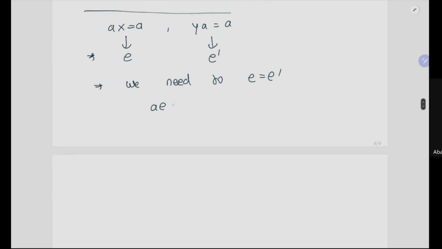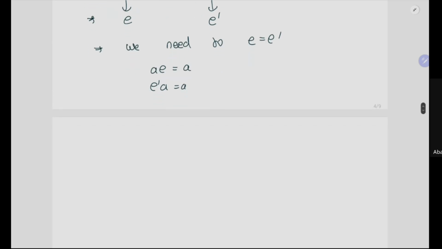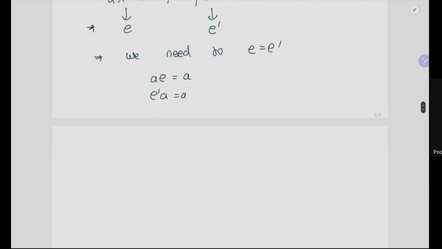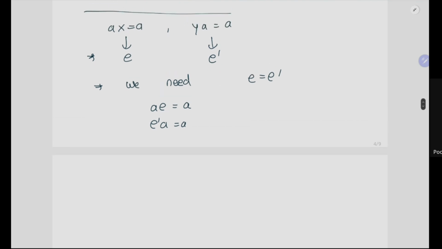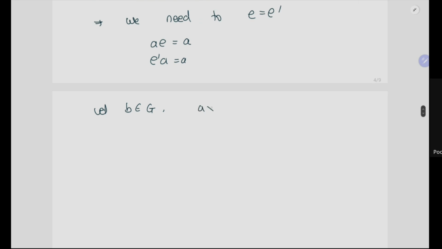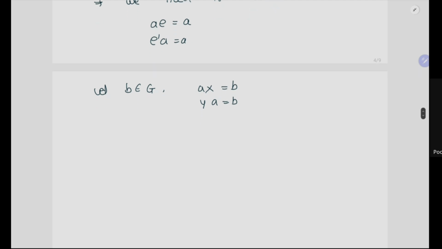So what we have is AE is equal to A and E dash A is equal to A. Now, in a group, the cancellation law works, but let us try to prove it without using the cancellation law. So now let's see, B belongs to G. Then again, these equations will have a solution for any given B.